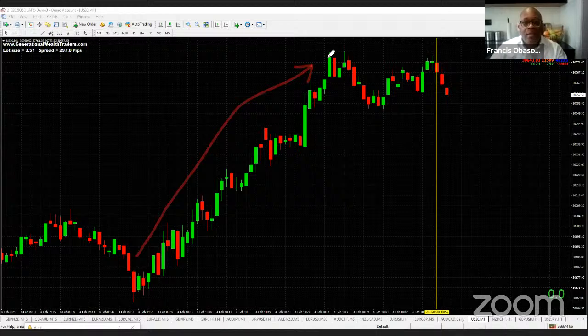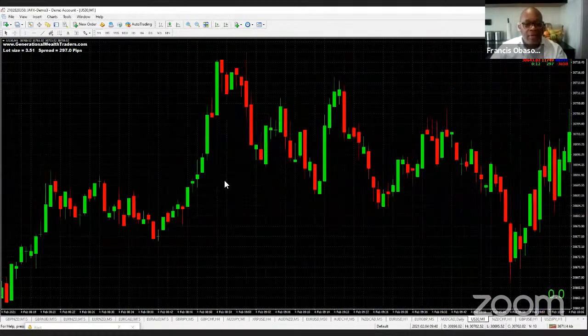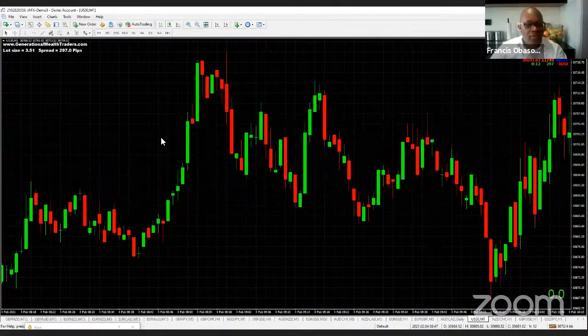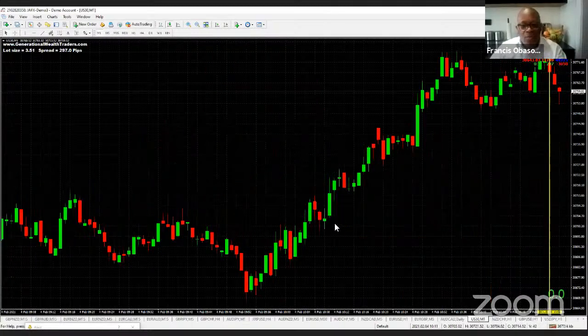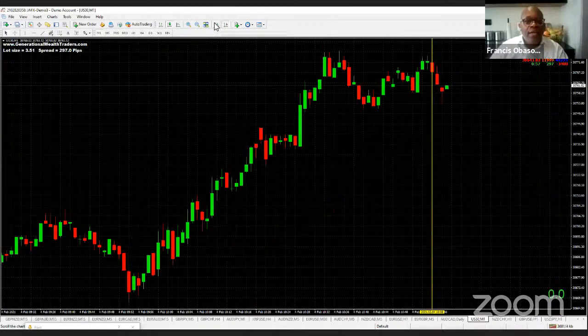The price moves up and down on the chart. If we go back in time, you will see, even as you can see on your chart now, the price goes up and down, just like we know when it comes to foreign currency, or when we're trading foreign exchange.